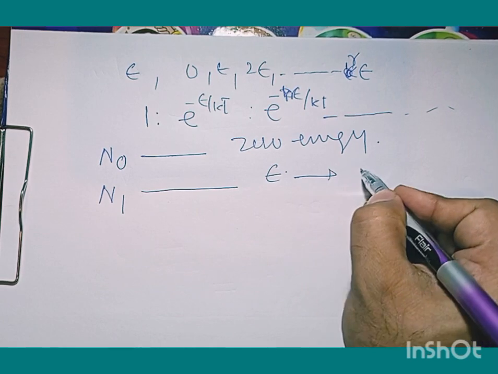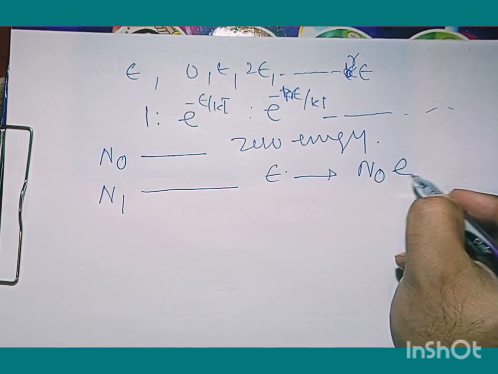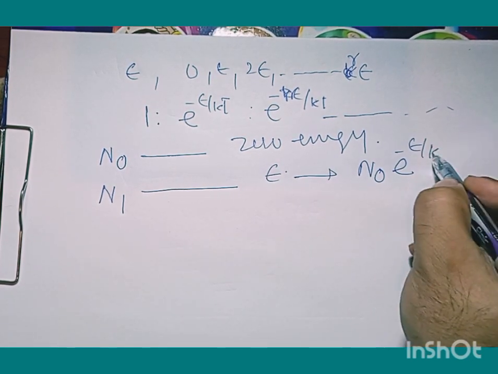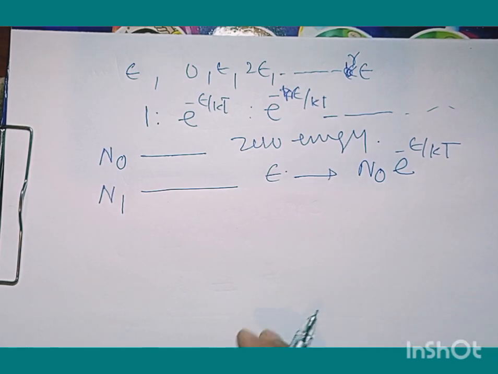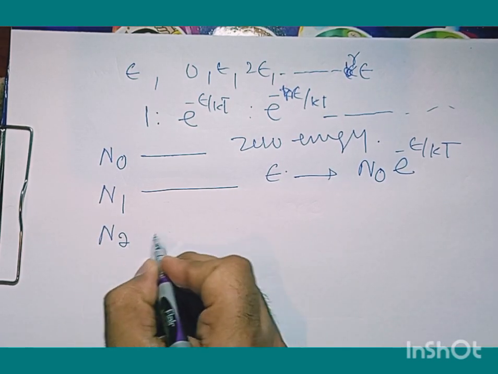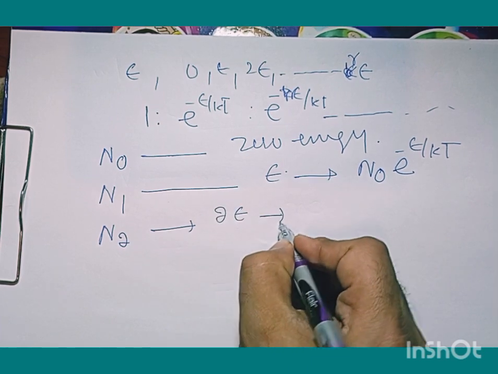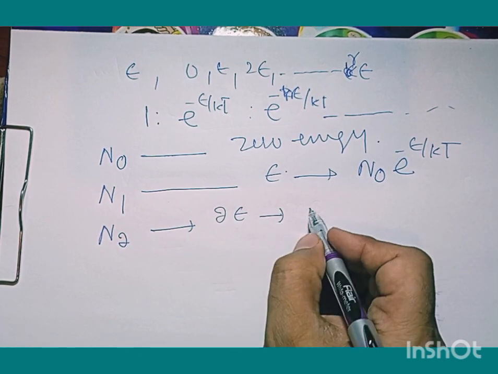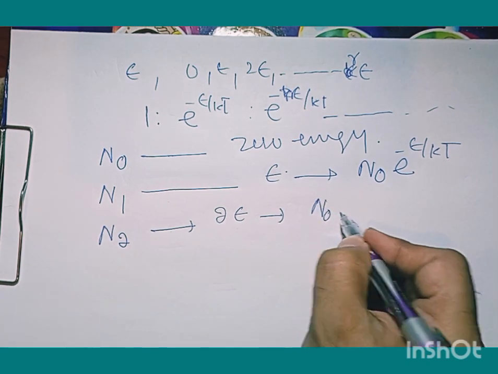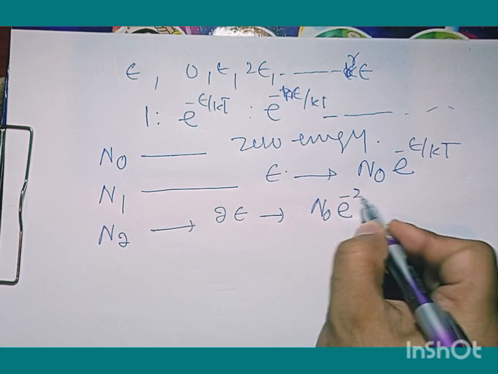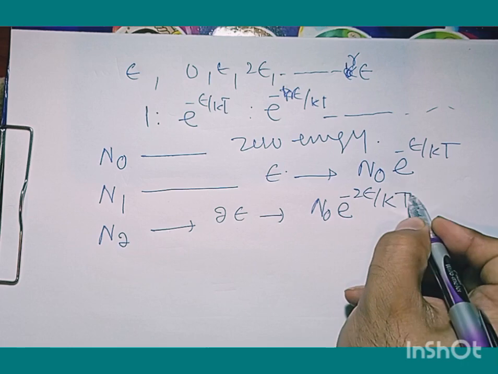Their number will be N0 e to the power of minus epsilon by kT. And the number of resonators N2 having the energy twice epsilon, they will have N0 e to the power of minus twice epsilon by kT.